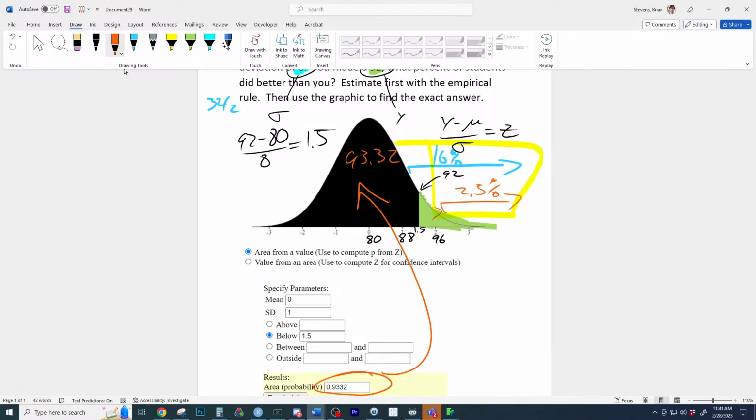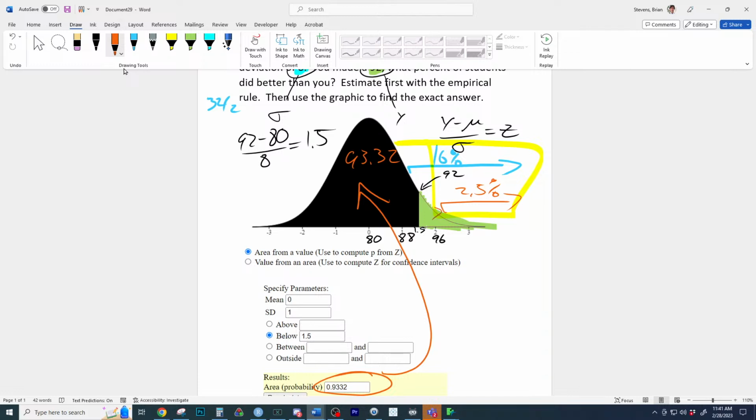I believe it is that, Reed. Correct. And it is that because this is 100 minus 93.32, because you want the other side of it. So that's showing you below 1.5 is 93.32% of area.